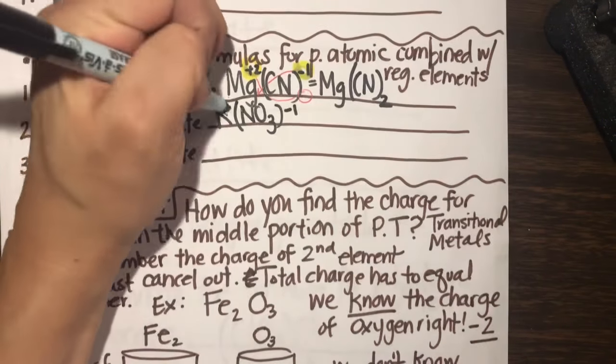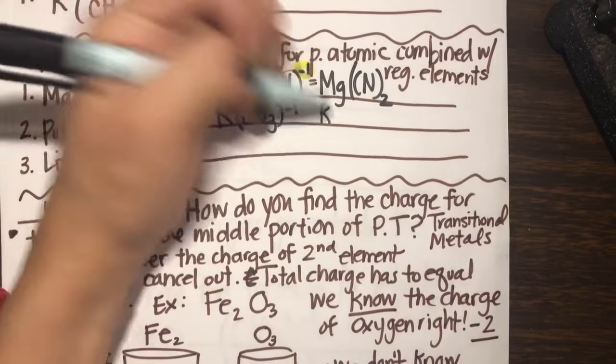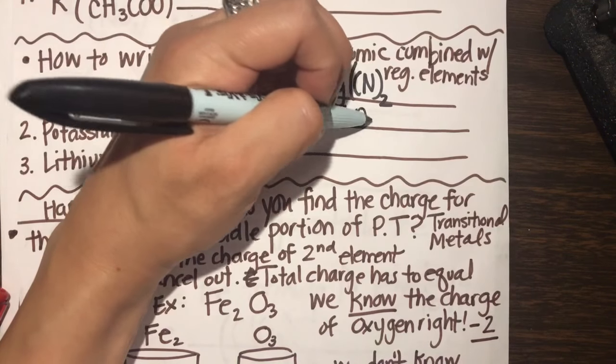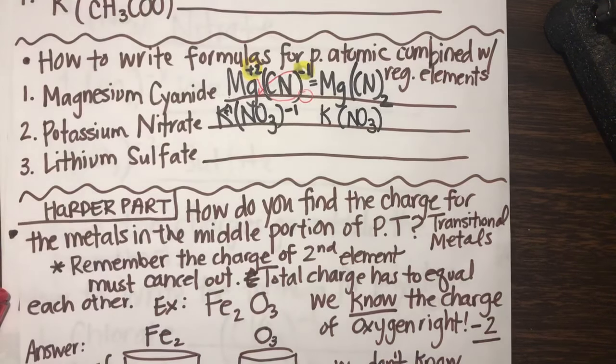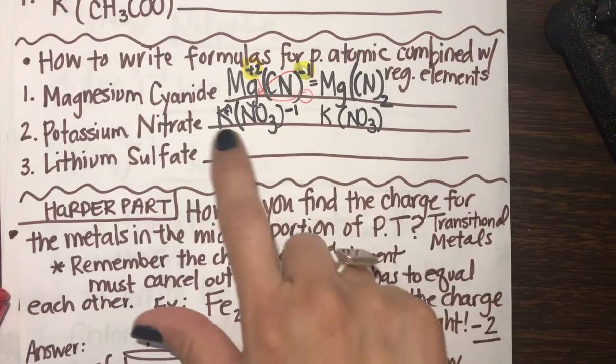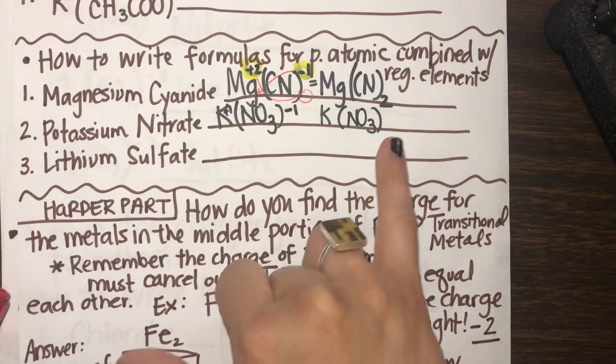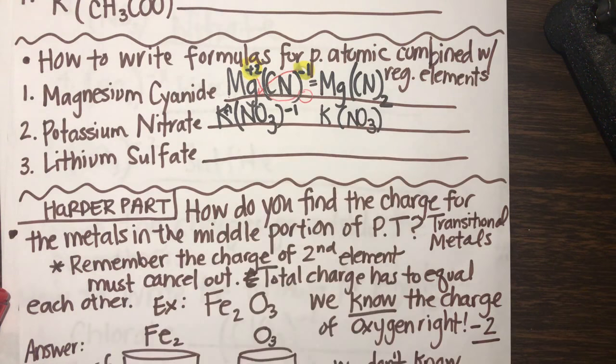Okay, awesome. They cancel out. So it would just be KNO3. So remember, part of the bonding process is they have to cancel each other out. Like the sum of all the charges need to cancel each other out. I'll show you on the harder part down below.